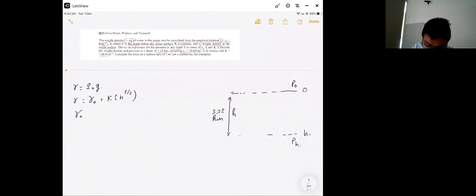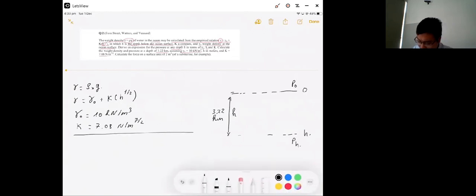Gamma 0 we have is 10 kilonewton per meter cube, and k we have is 7.08 Newton per meter to the power 7/2.